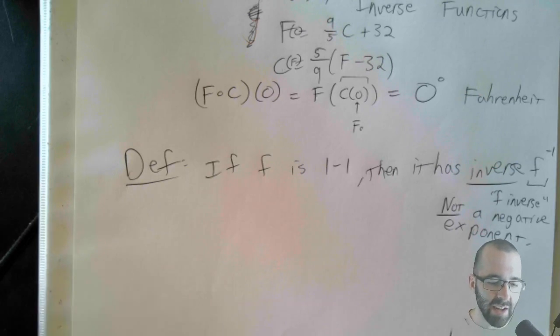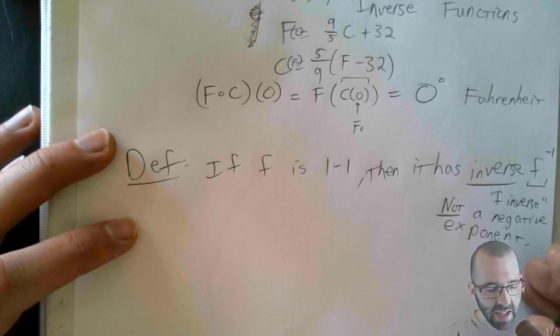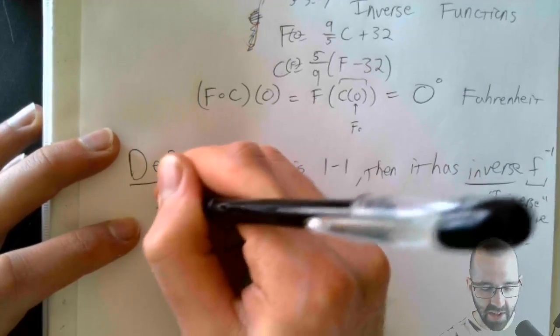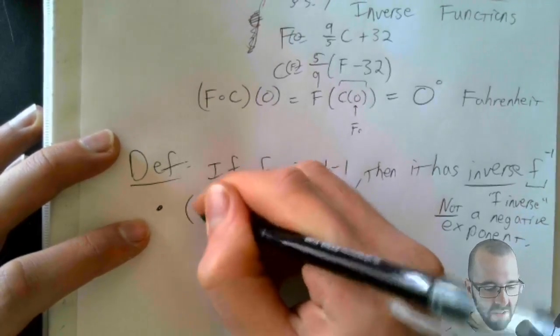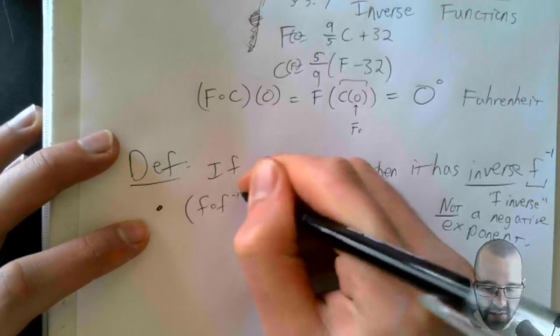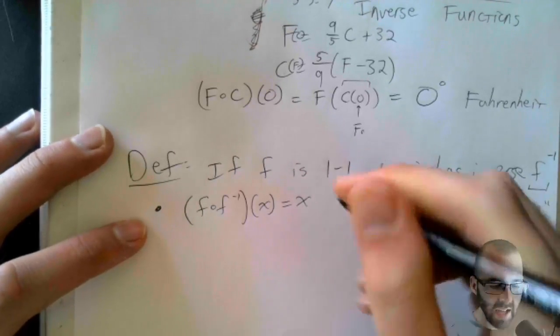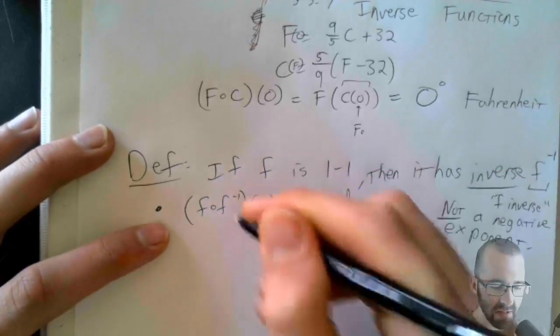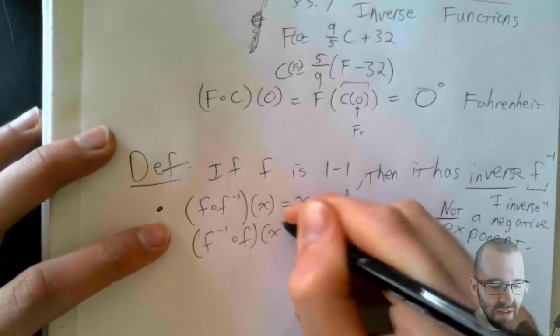So this is what we're going to be talking about, and this is the notation. Now there's a ton of extra definitions along with this. f of f inverse of x is equal to x. And, of course, well, maybe not of course, f inverse of f of x equals x.